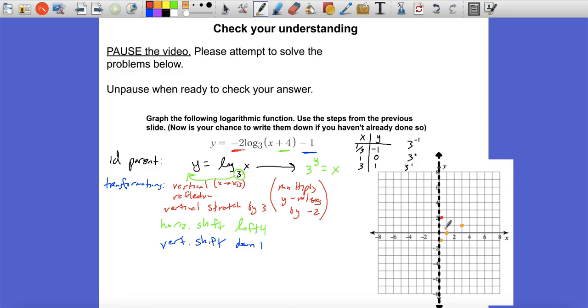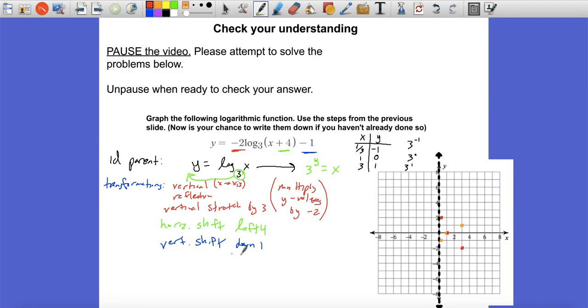So flip it upside down here, which makes sense since we had our x-axis reflection. All right, 0 times -2 is still just 0, so this point doesn't move. And then our point at +1 gets multiplied by -2 and goes down here to -2. So we have an upside down logarithmic function.